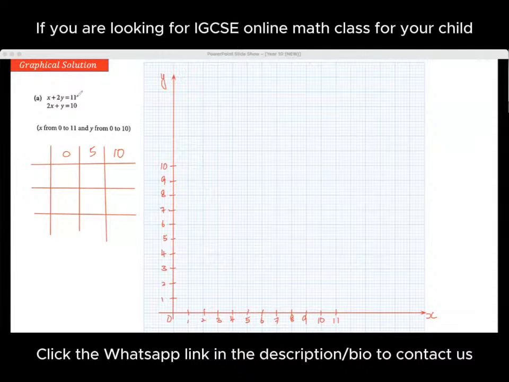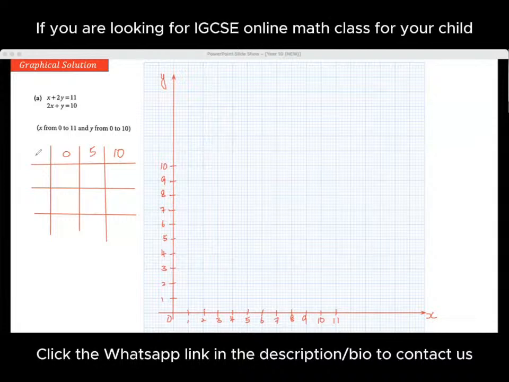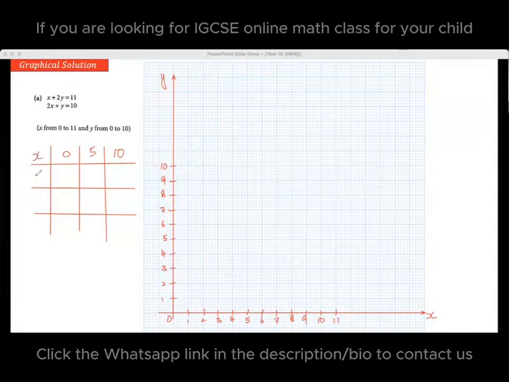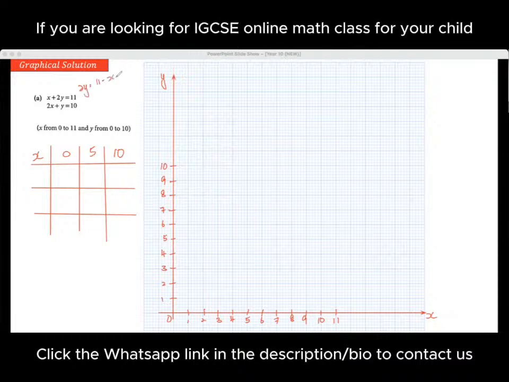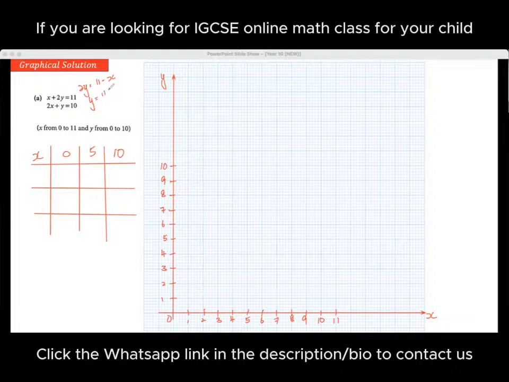Okay, so for these equations, like I said just now, I need to make y the subject. So this will be 2y equals 11 minus x. Then y will be equal to 11 minus x divided by 2.